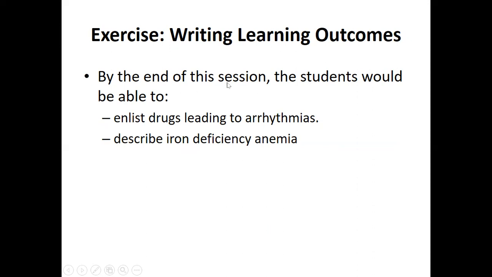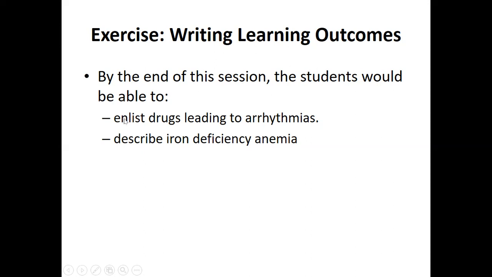By the end of this lecture, by the end of this session, by the end of this module. Now these are the audience. Who are the audience? They are the trainees, the colleagues, the students. So you will write them. So, by the end of this session, the students would be able to.